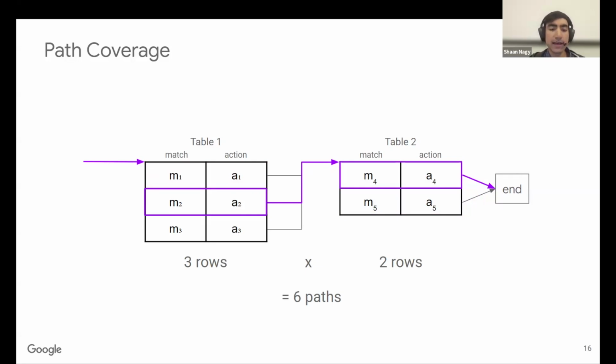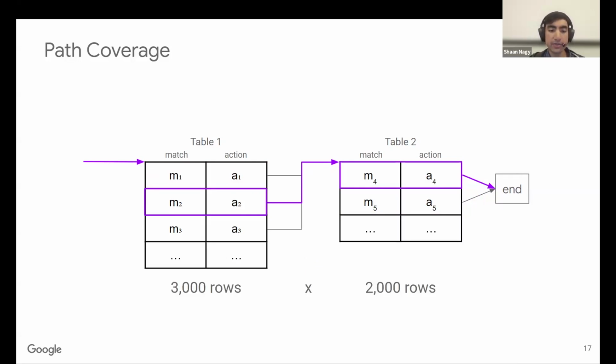But you might be worried about how this scales. For example, if I have 3,000 rows in table 1 and 2,000 rows in table 2, then I'll end up with 6 million paths. And so you might be afraid that there are some scalability challenges, and there are, but they're not quite as bad as you would expect, because in practice, most of these paths will not be feasible, and you can't find an input packet that actually takes the path.